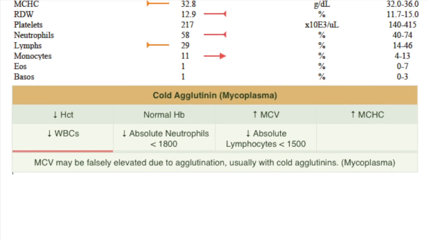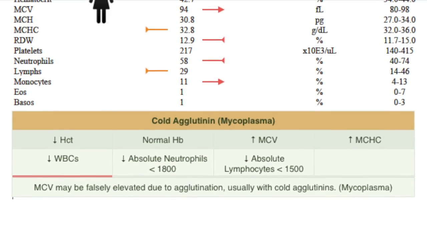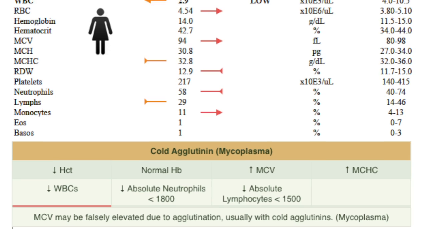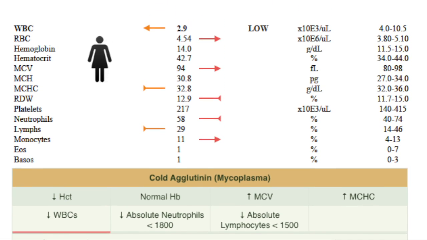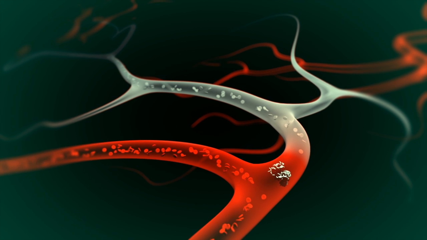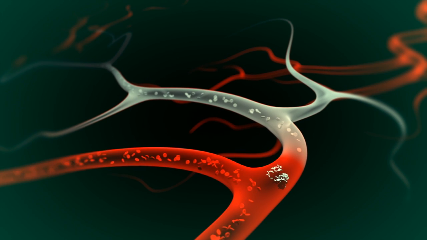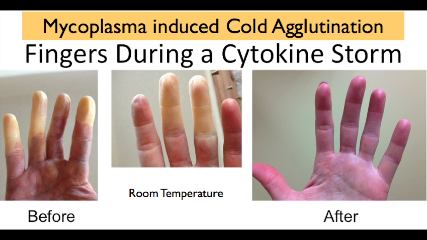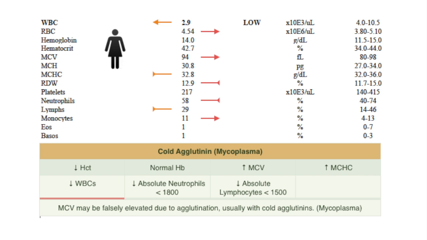But they can also agglutinate cells or activate the complement cascade at near 37 degrees Celsius, which is 98.6 degrees, causing hemolysis or vascular occlusion upon exposure to cold. Diagnosis of autoagglutinins can be confirmed by a positive direct antiglobulin test, also known as the direct Coombs test.